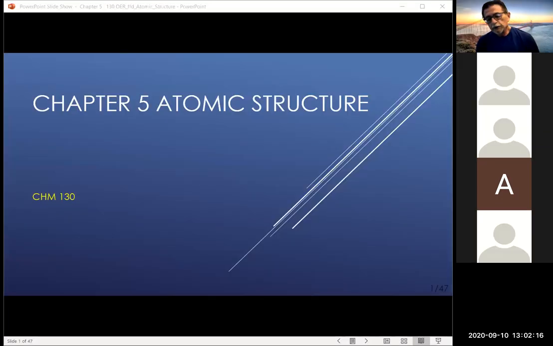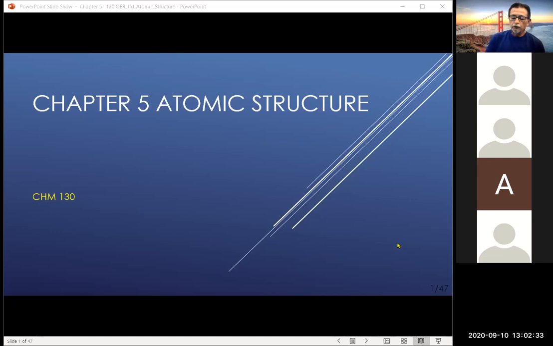Okay, so let us begin with chapter 5. Here we're going to be talking about the atomic structure. Up to this point in the previous chapter, we finally had an idea of what the atom was and how it was put together, but not 100%.